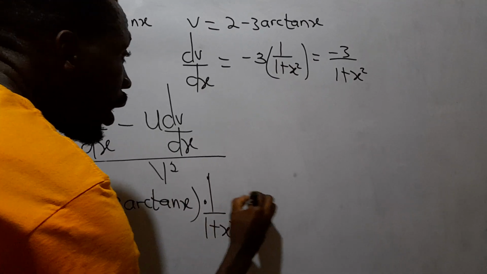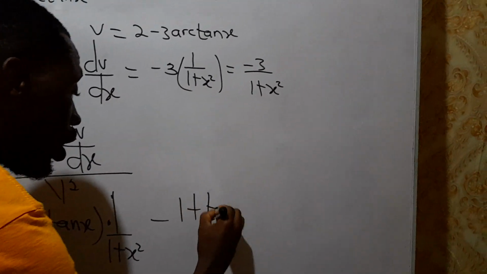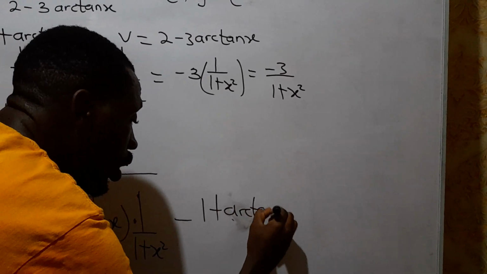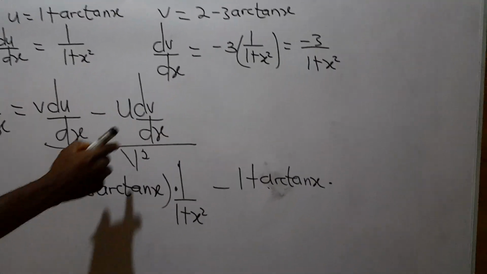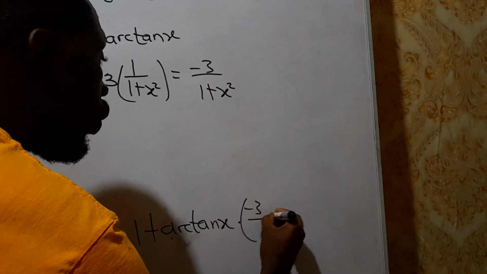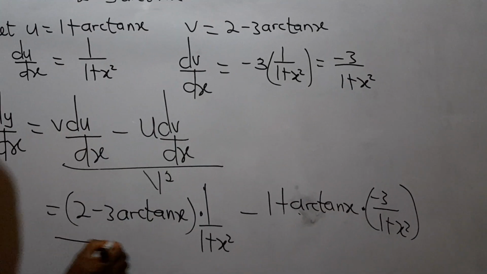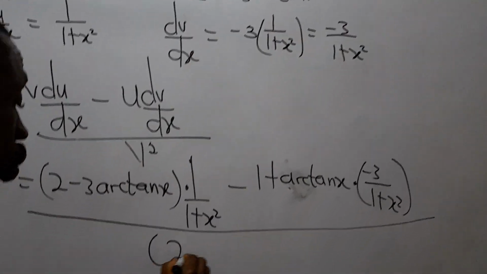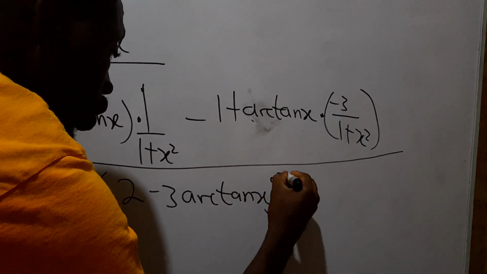Then minus u. u is 1 plus arctan x, then times our dv over dx. dv over dx is negative 3 over 1 plus x squared. Then all over v squared, and the v is 2 minus 3 arctan x, all squared.